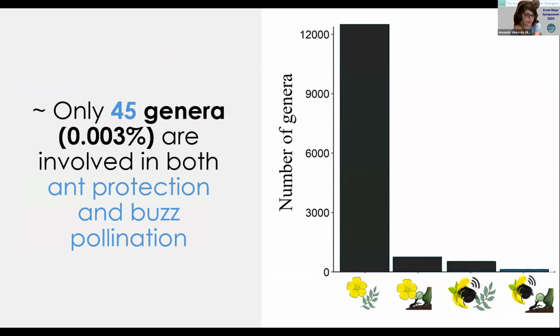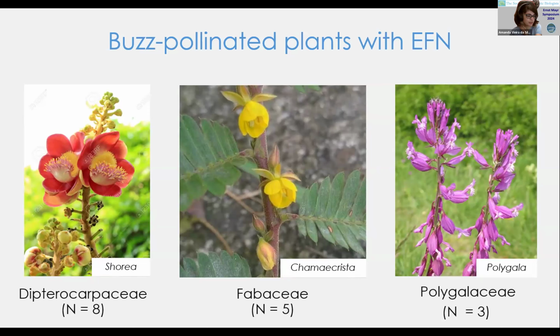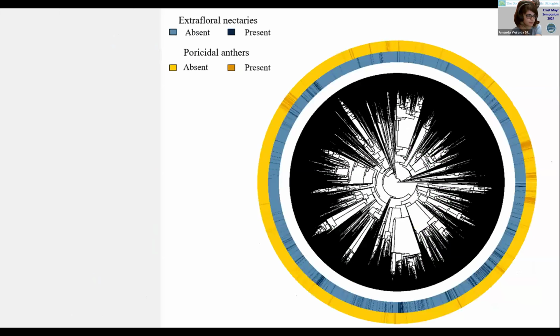And only 45 genera, which represents 0.003% of all plant genera, are involved in both protection mutualisms by ants and bee pollination. And most of these plants are in the Dipterocarpaceae, Fabaceae, and Polygalaceae families.